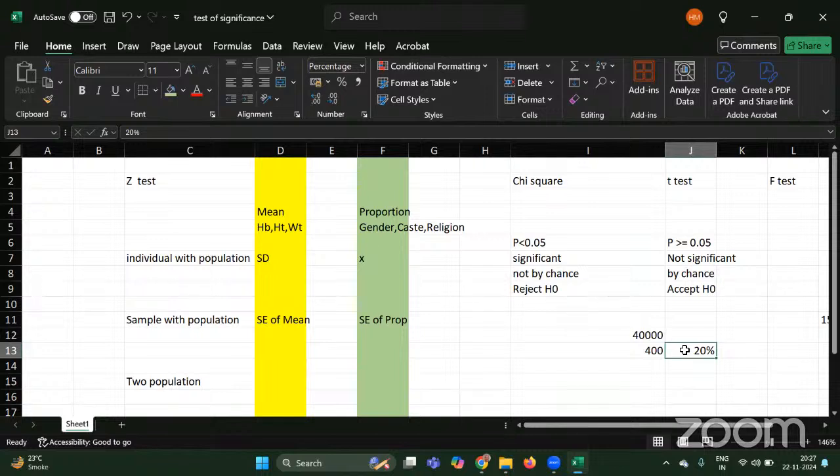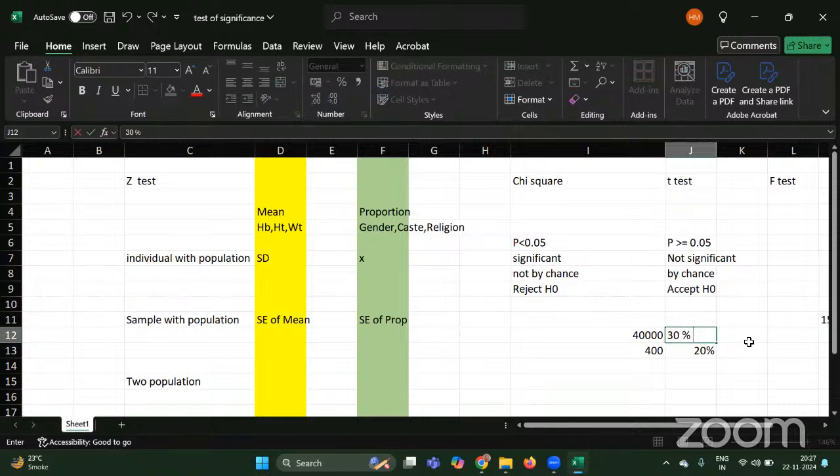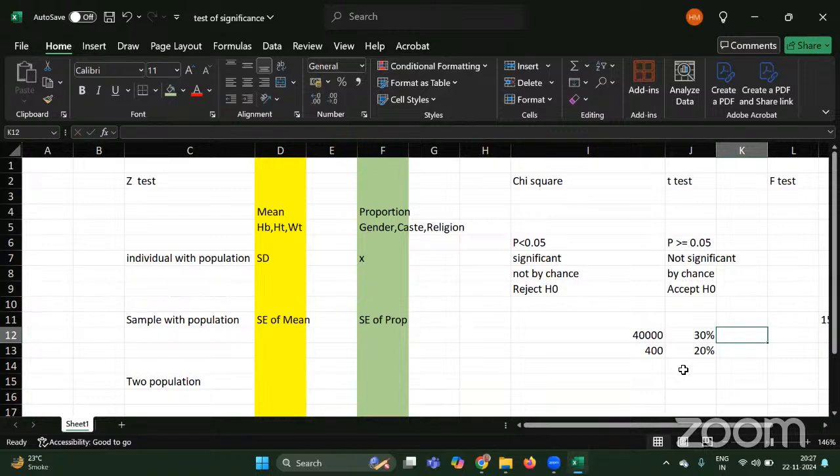This is a utilization of standard error of proportion to find out population proportion based on sample proportion. But at the same time, suppose the figure is given that 30% of the population is sick. That data we have. But the sample which was done, it is 20%.